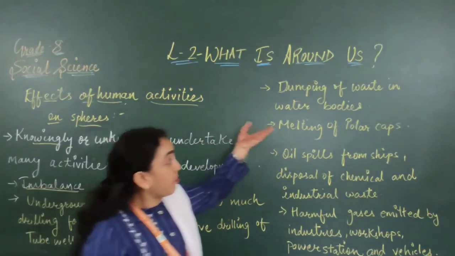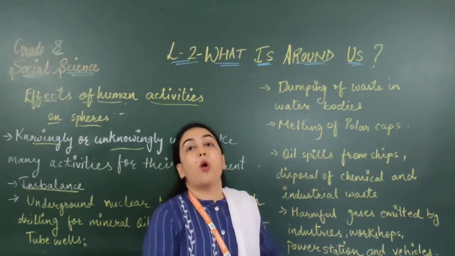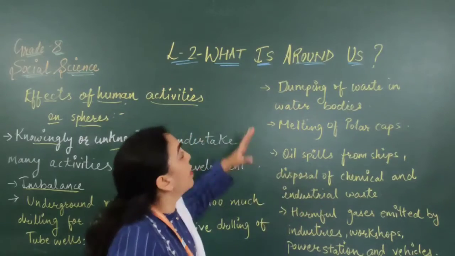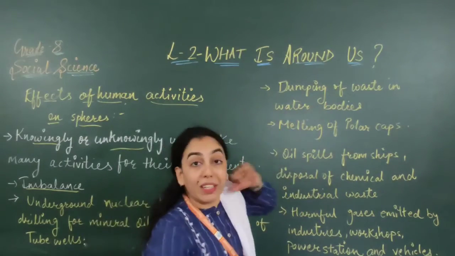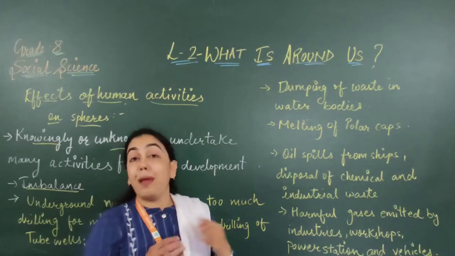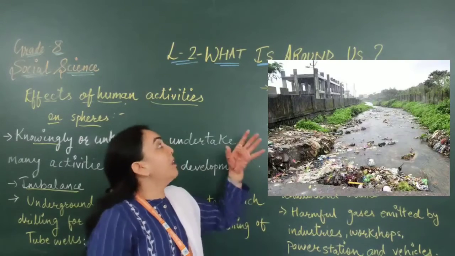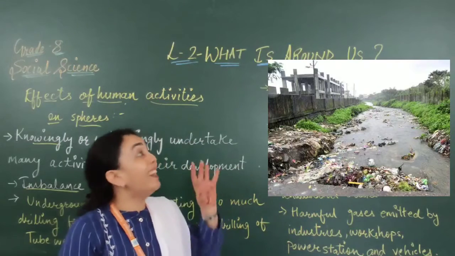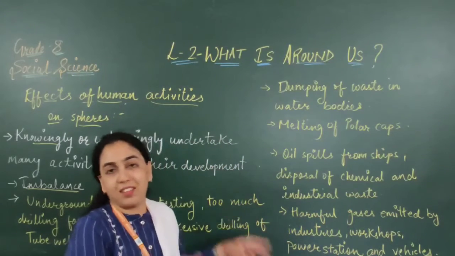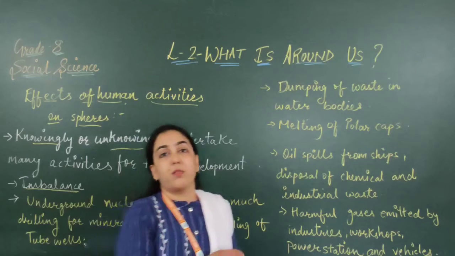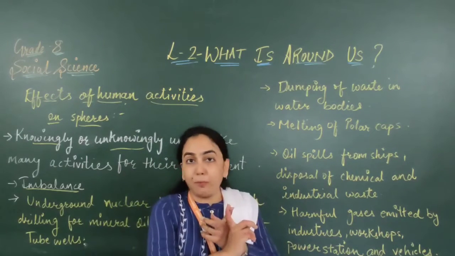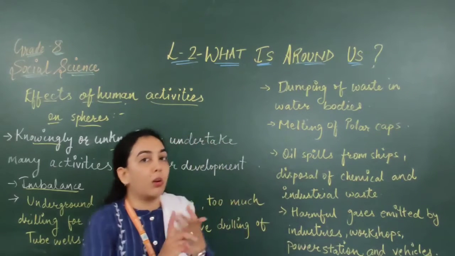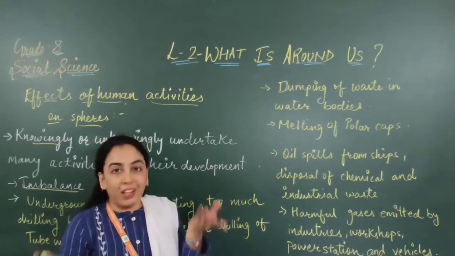Next is, if we have talked about the lithosphere, now we will talk about the hydrosphere. Let's see, dumping of waste in water bodies. There are many places where waste is dumped, or thrown, into rivers, seas, etc. Through this, the water will get polluted, and if someone uses that water, they will also be affected.